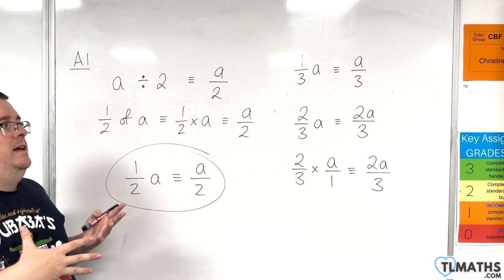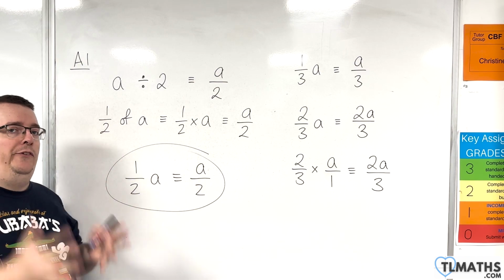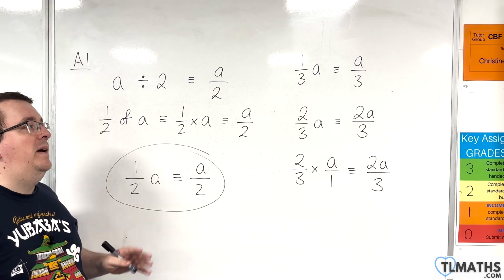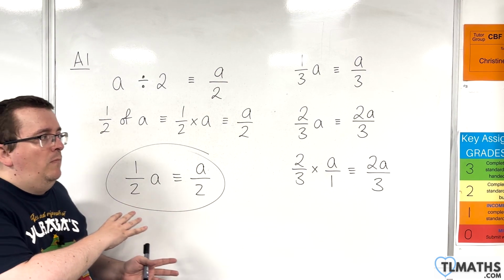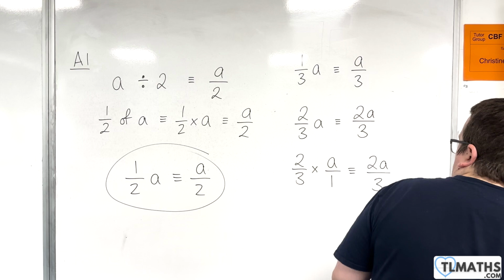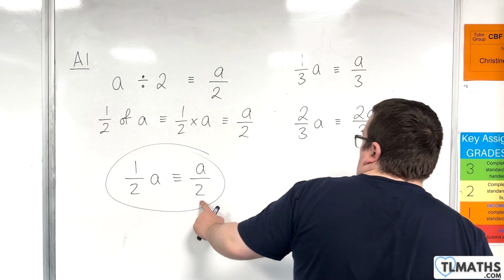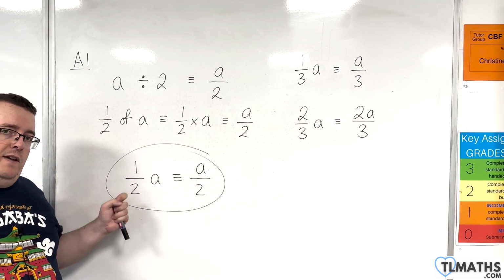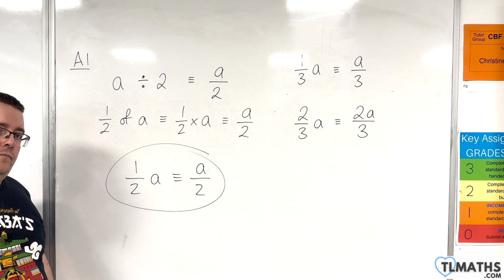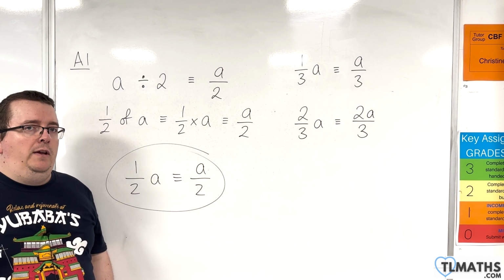It's really making sure that when you're looking at that, you understand that they are the same thing, that they mean the same, and you can move between the two as much as you want. Sometimes you might like writing A over 2. Other times you might be going, well, actually it's more useful if I write it as a half times A. Okay, so we're going to see some examples of this in the next video.